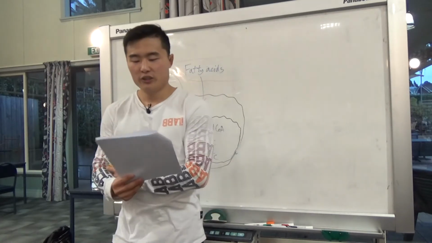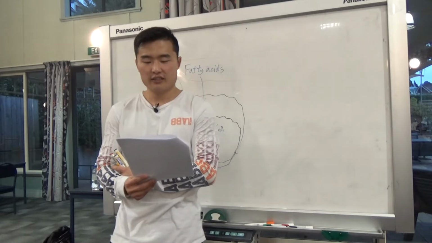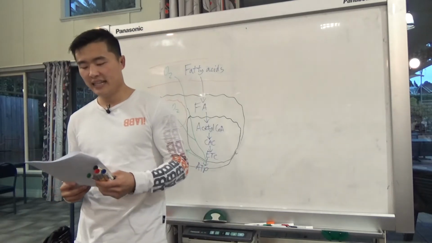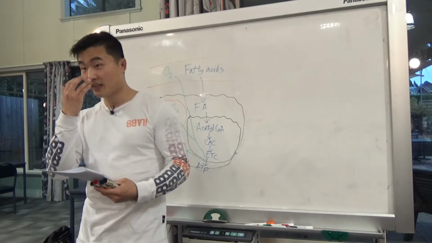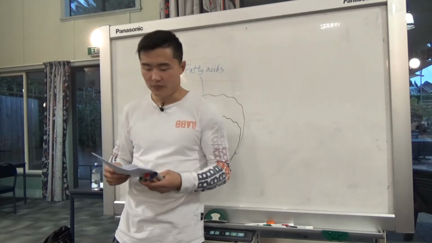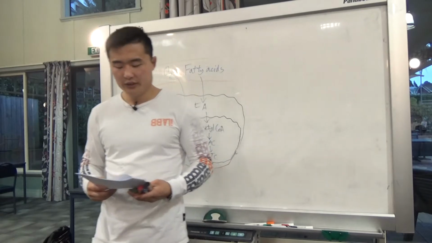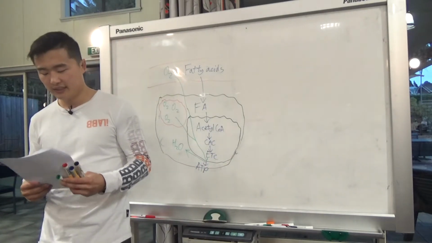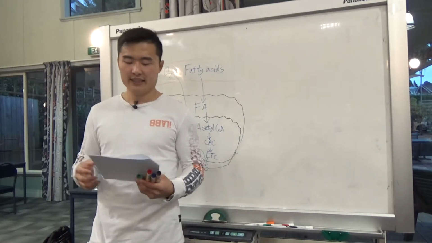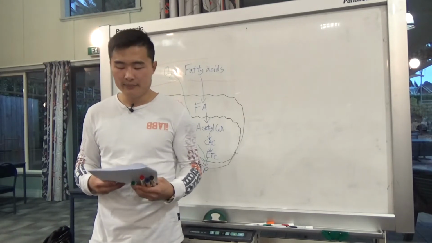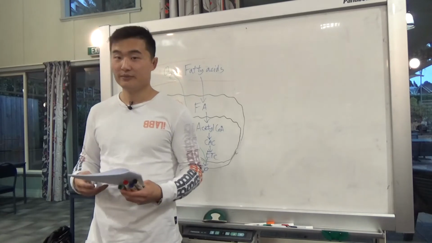B, uncoupling protein allows the movement of protons across the inner mitochondrial membrane and therefore collapses the proton motive force. Yep, so that's true. C, the ATP produced in brown adipose tissue in the presence of uncoupling protein is used to produce heat in hibernating animals and human babies. Yep, that's true.